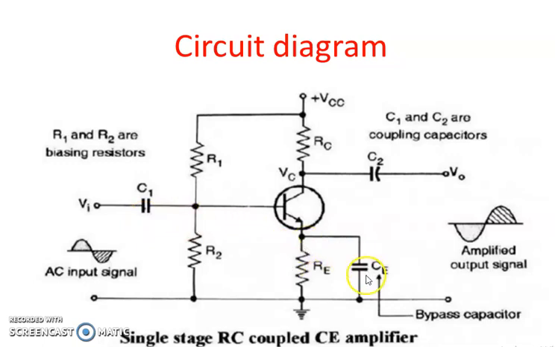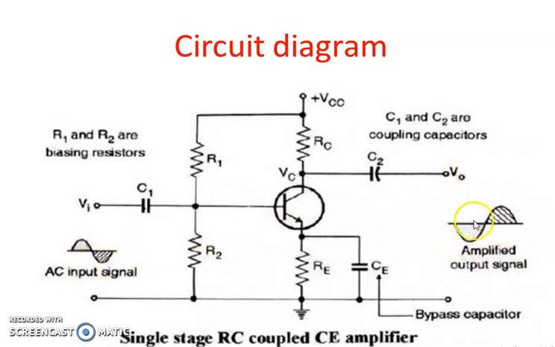Another capacitor, CE, is connected in parallel with the emitter resistor. This capacitor is known as the emitter bypass capacitor. Here we are giving an input signal in the millivolt range, that is, an AC input signal is applied as the input to the CE amplifier, and from the collector we are observing the amplified output.